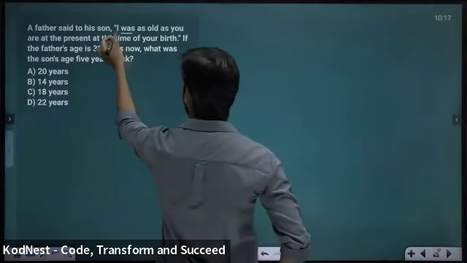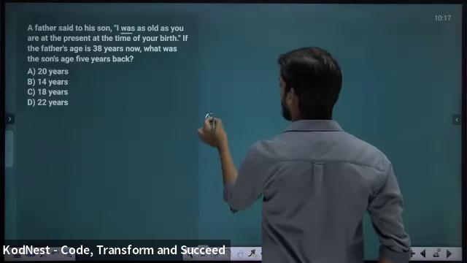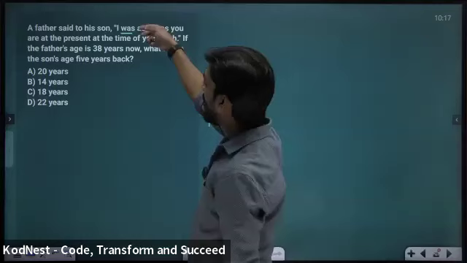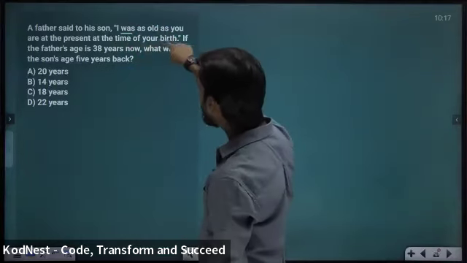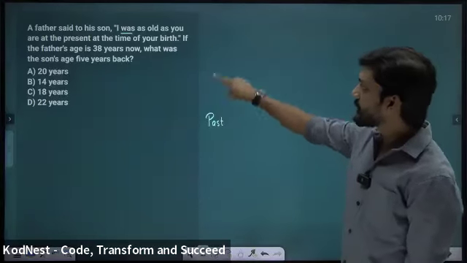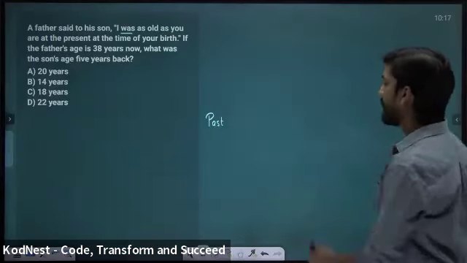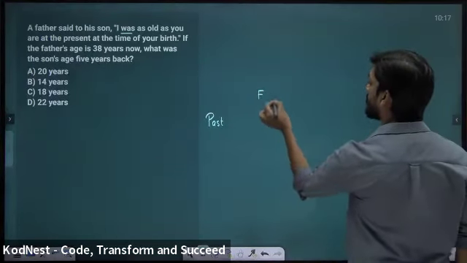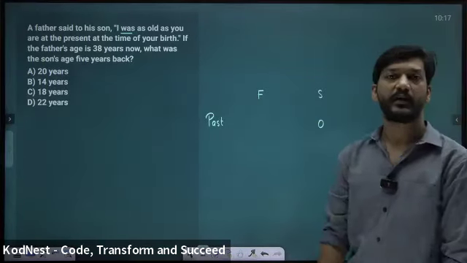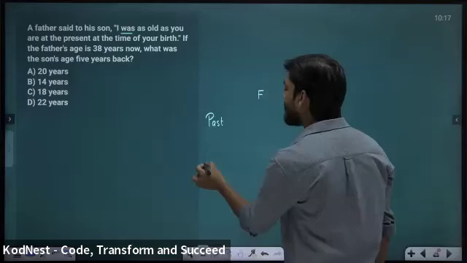"Was" means there is a talk of the past. How much in the past? At the time of your birth. So the father is talking about the past when the son was just born. And at present he is saying something.